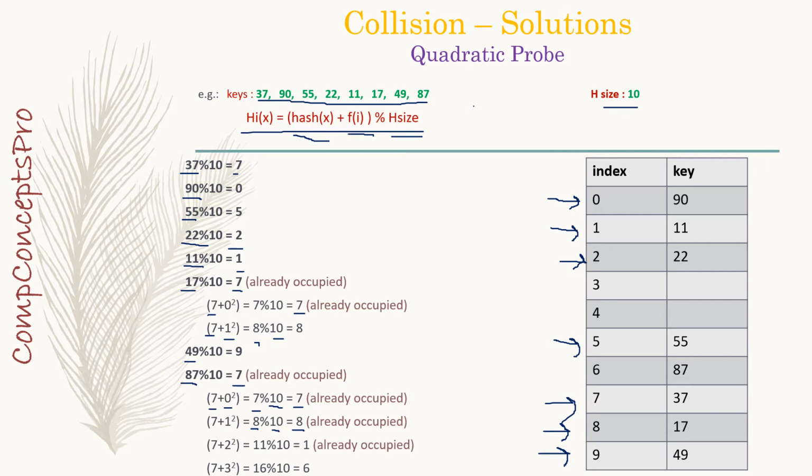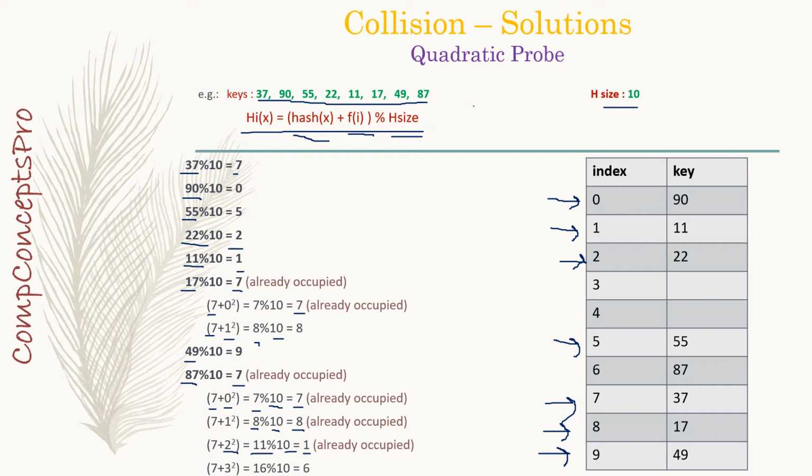So again we have to increment the value of i. So this time it will be 2 square. So 7 plus 2 square gives 11. 11 mod 10, where 10 is h size, gives 1, which is also occupied. So again we will increment i one more time.